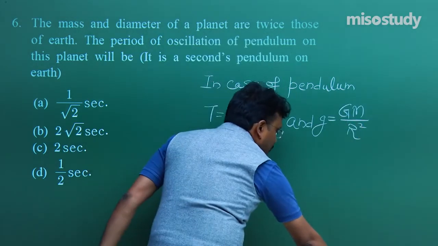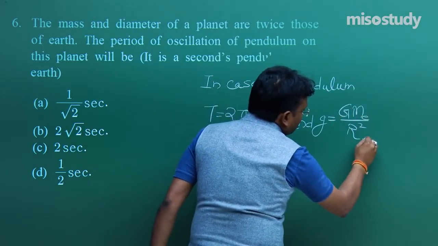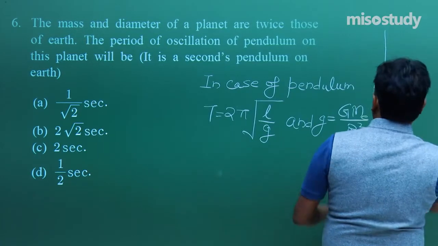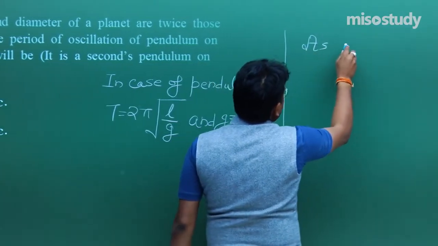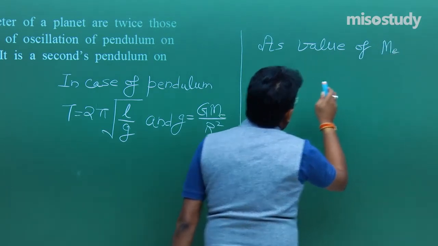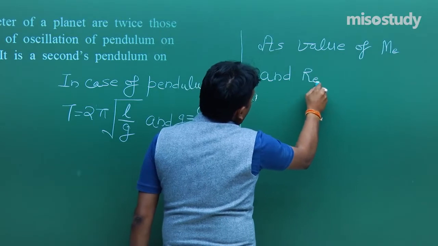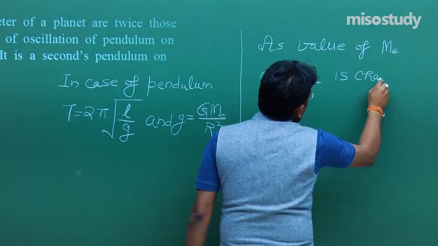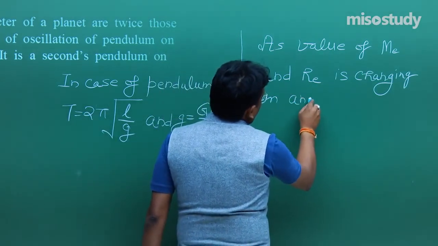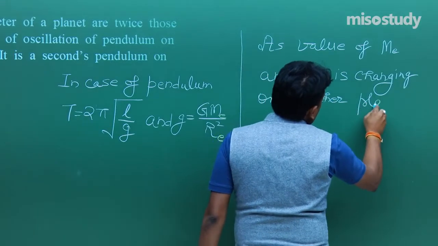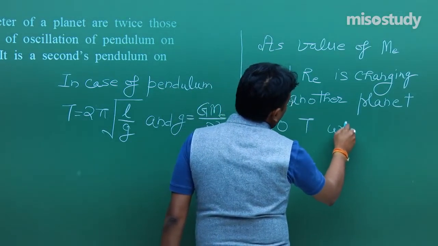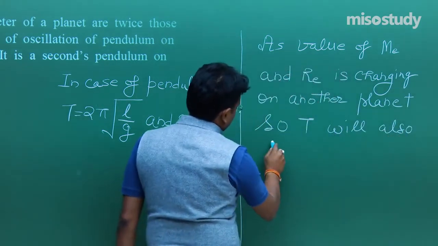To make it more clear, let us use E. So now let me write down a step over here: value of ME and RE is changing on another planet, so T will also change.